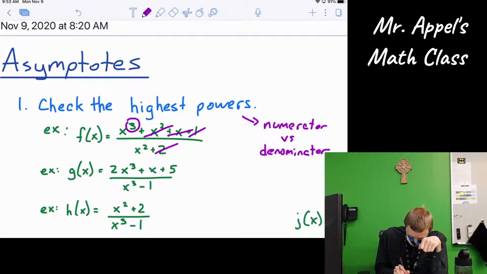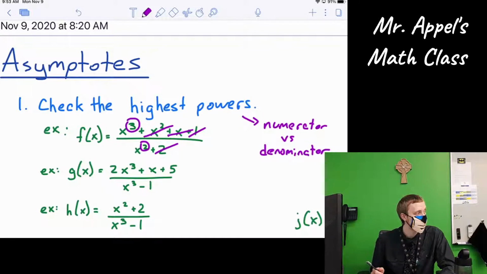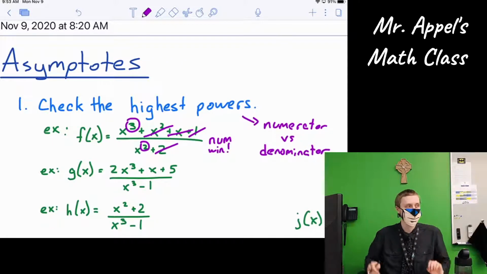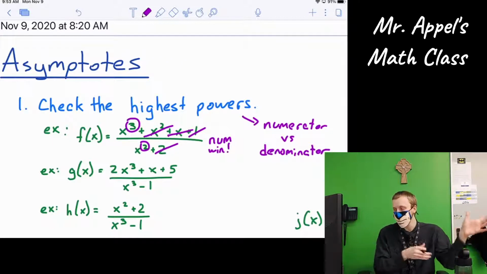So we're comparing 3 versus 2. Who wins? Which one is bigger? That's an easy question. You can write that. 3, very good, Fernando. The numerator wins. Yay, right? And confetti comes down. It wins the big prize.